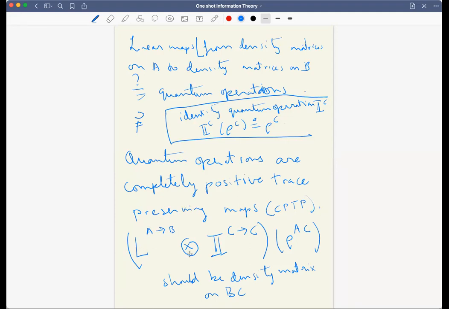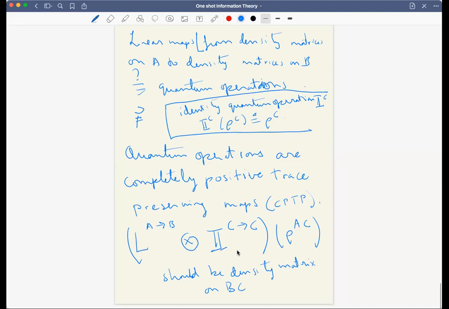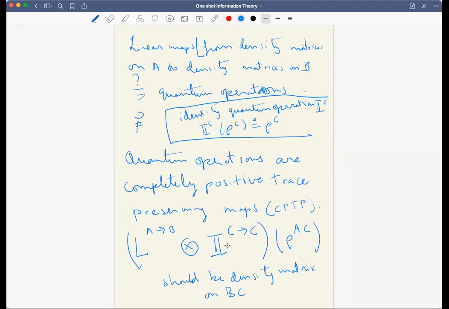So A to B. But let me tensor it with the identity super operator. If there is any sense in mathematics, then take this map and apply it on an arbitrary density matrix in the system AC. Note that this in general is an entangled quantum state. You apply it, and the result should also be a density matrix in BC.